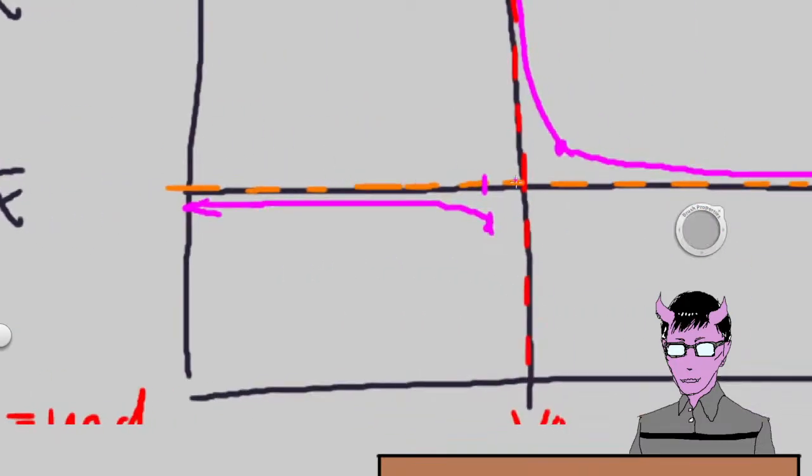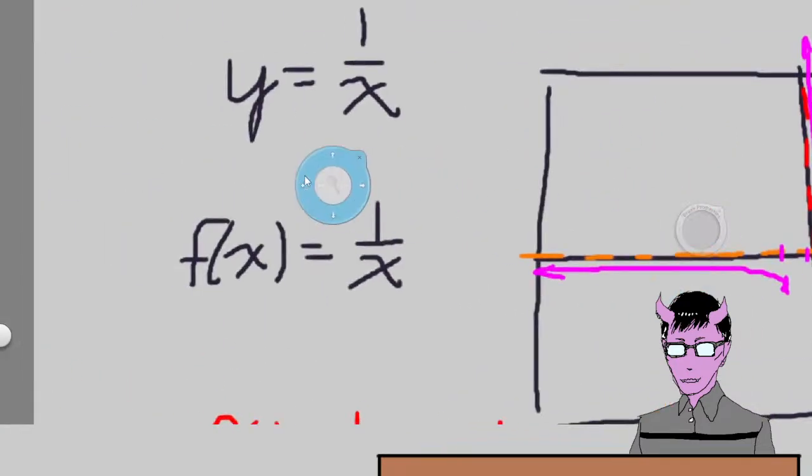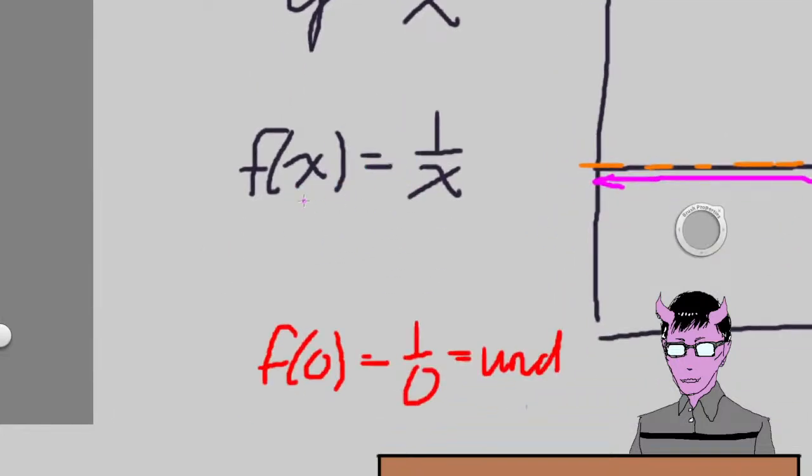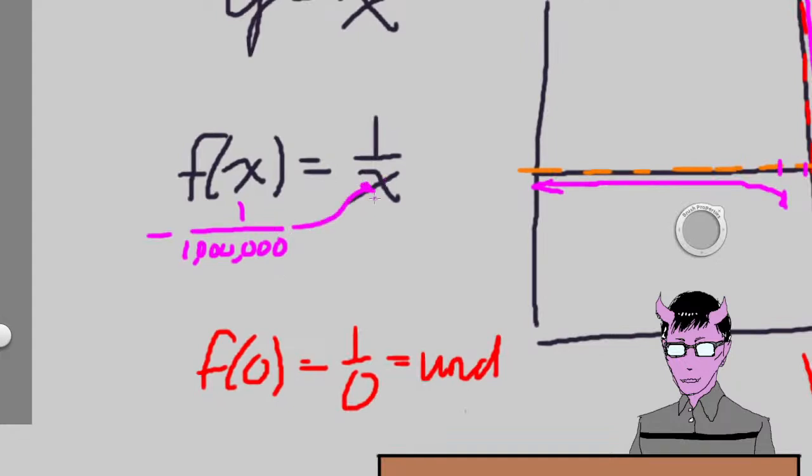So if we plug in something like negative 1 over 1 million, for example, what happens? Then this part here becomes negative 1 over 1 million. So you're going to get 1, that's this one right here, divided by negative 1 over 1 million. Which means you have to do the goofy flip trick. So 1 times, then you flip this around, the reciprocal, times negative 1 million.